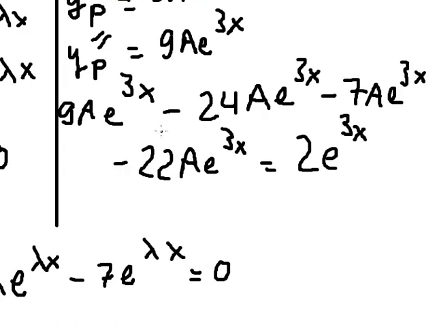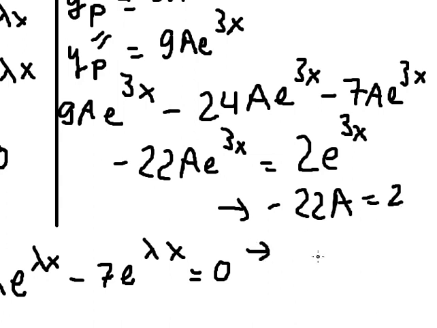So we just compare the coefficients here and here. That means we have negative 22A equals 2. So we divide both sides by negative 22 and we can find the value of A, and we have negative 1 over 11.